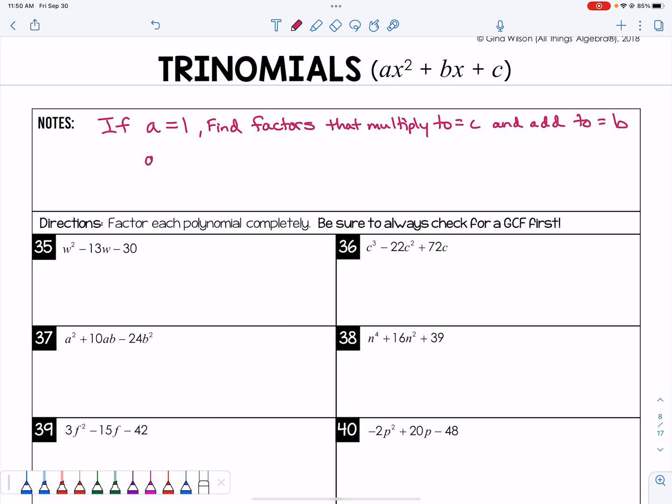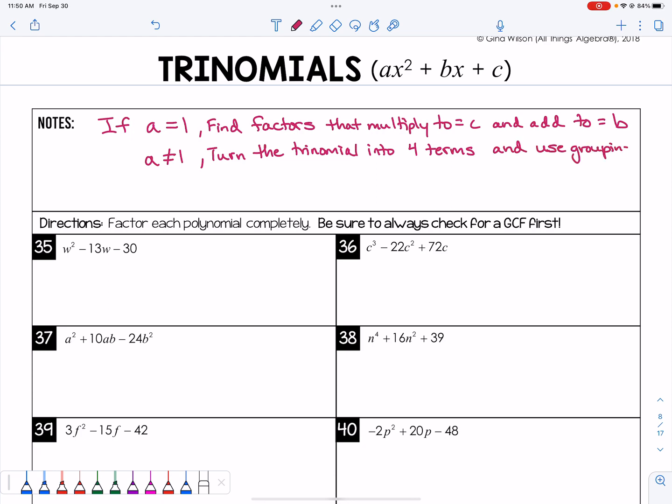And if a does not equal 1, then you want to turn it into grouping. So turn the trinomial into 4 terms and use grouping.